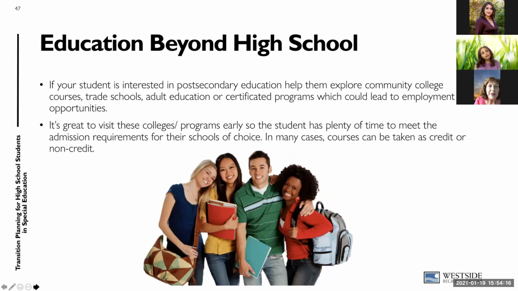So, education beyond high school. As Fabian mentioned before, for exploring community college, there is a disabled student services office that you would want to connect with. You would want to have your information. They're not going to follow an IEP, and they're not going to develop an IEP for you, but they will work with the professors and list the accommodations that the student needs in order to get meaningful participation out of the classes.